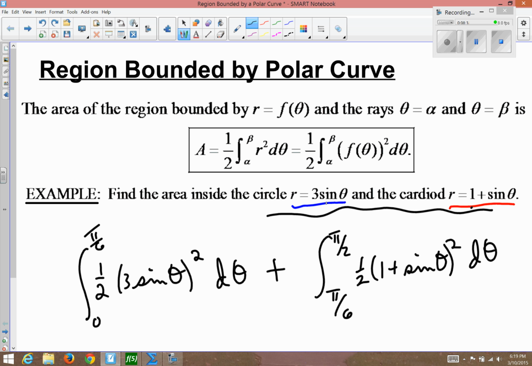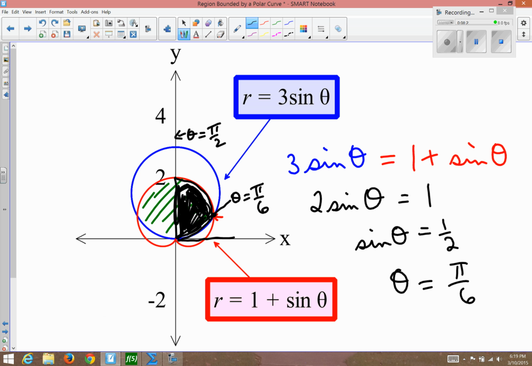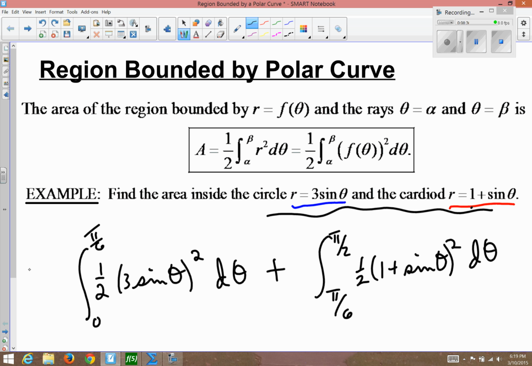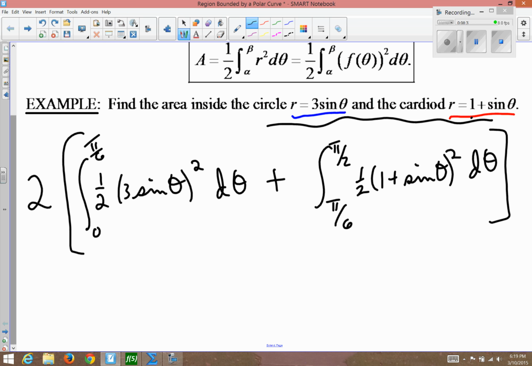So like I said, if we take these two and add them together, we're only getting the area of what I shaded in black here. So that has to be doubled to get the area in the original question. So double all this. And that 1/2, I'm not sure why I didn't put it to the left of the integral sign. And now we're going to distribute this 2 to both of these integrals. 2 times 1/2 is 1. 2 times 1/2 is 1.